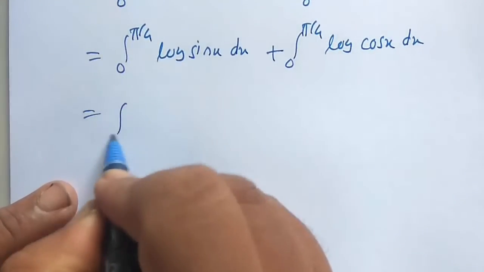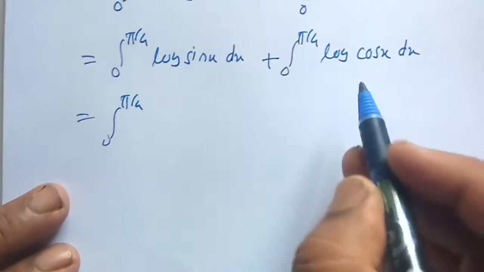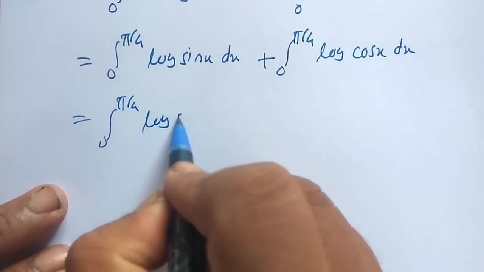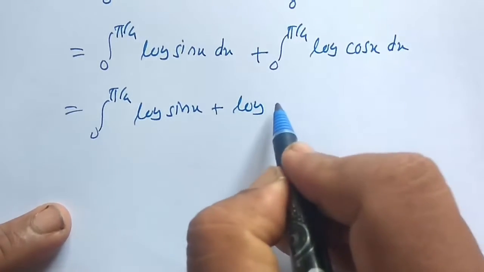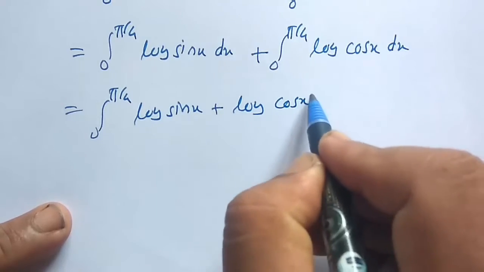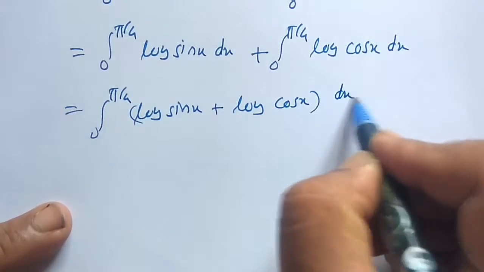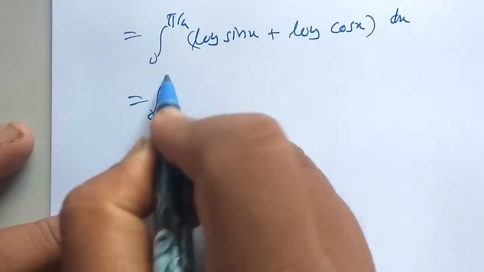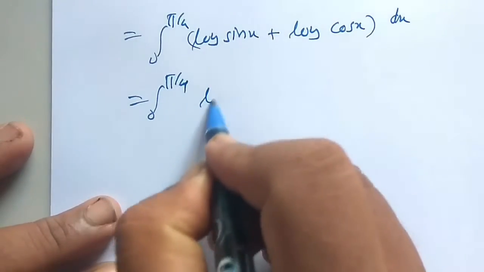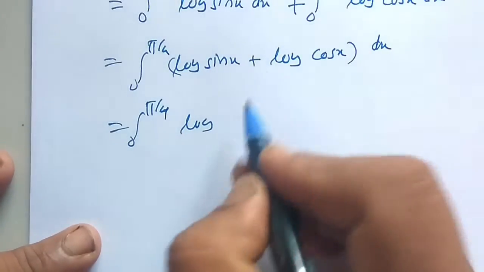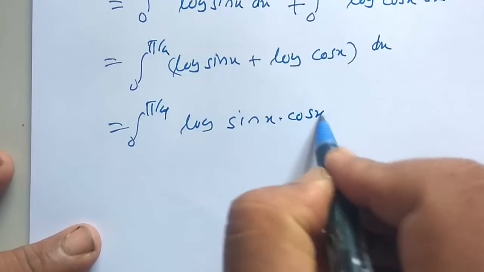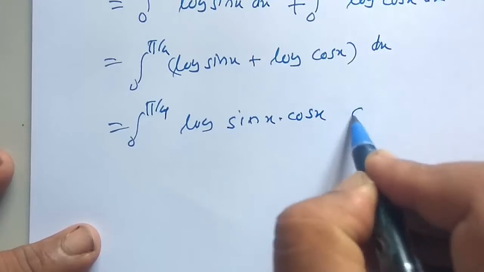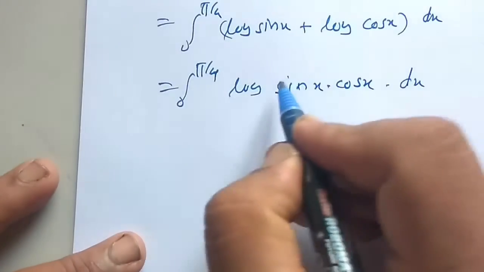So this is equal to integral 0 to pi by 4 of log of sin x plus log of cos x dx. Log m plus log n is log of m into n, so it is log of sin x into cos x dx.